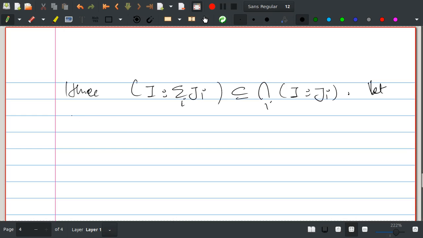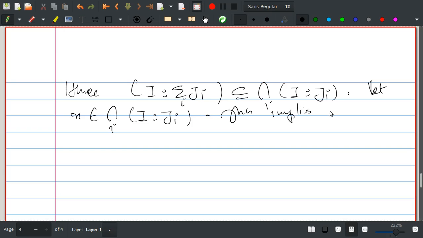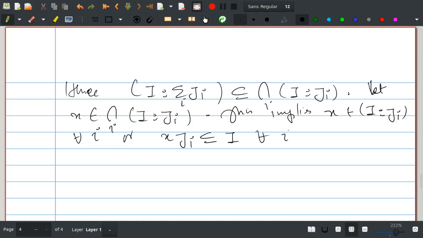Now to prove the reverse containment, let x belong to the intersection of these ideals I : J_i. So this implies x is in I : J_i for all i, or xJ_i is contained in I for all i.